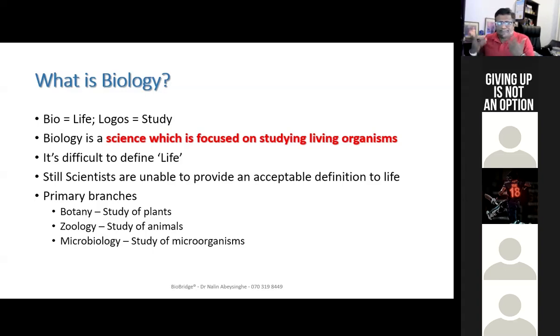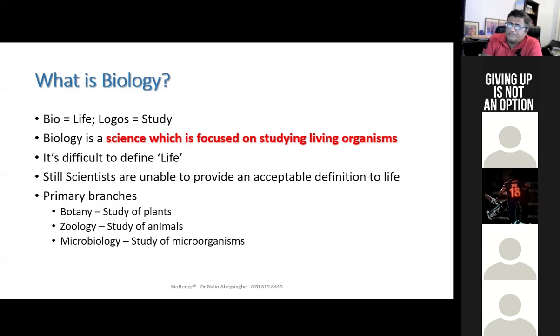So there is a bit of confusion in giving a definition of life. Scientists are unable to provide an acceptable definition of life. So we have a set of characteristic features of life, and there is no definition for life up to date.